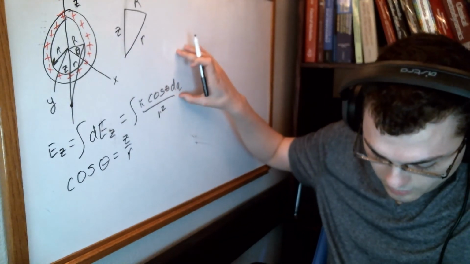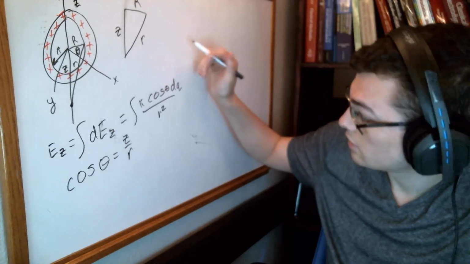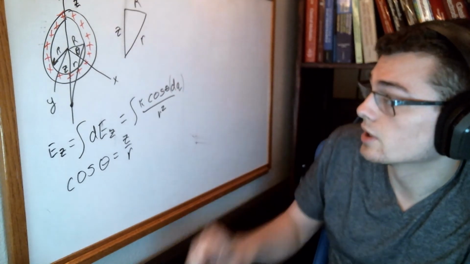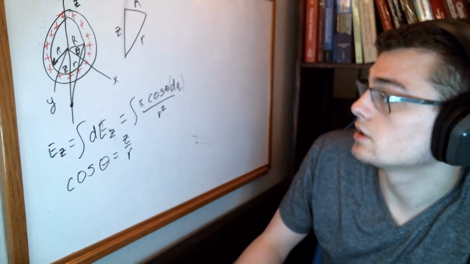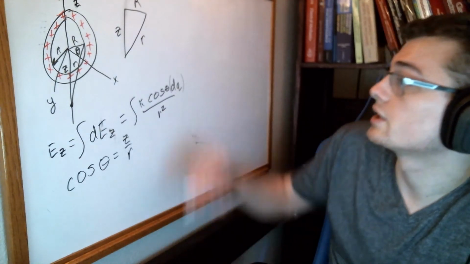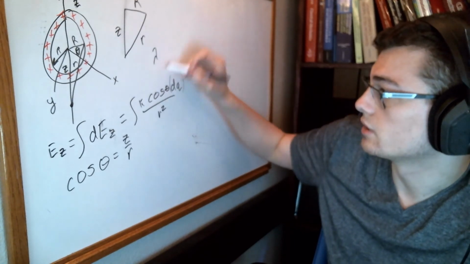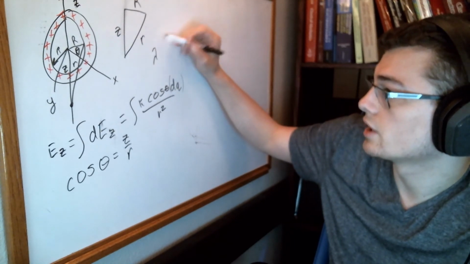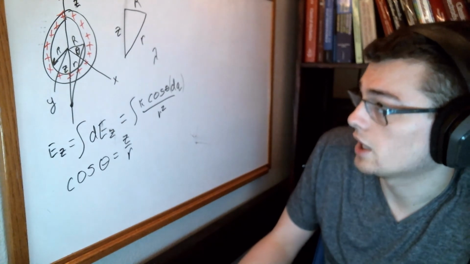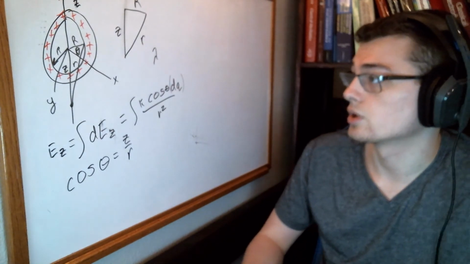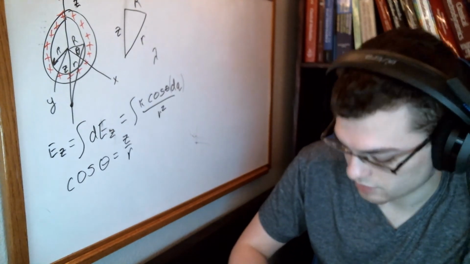This is going to be a different problem, finding dq here, because in this case we're going to have to take lambda, and we're going to have to integrate it from 0 to 2 pi to find the total charge of a charged ring.